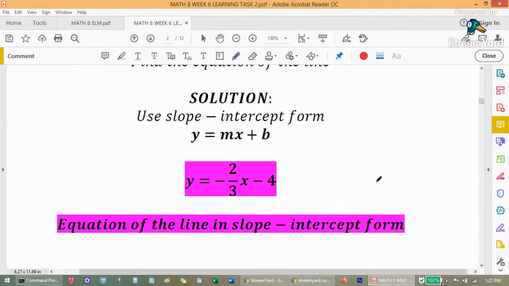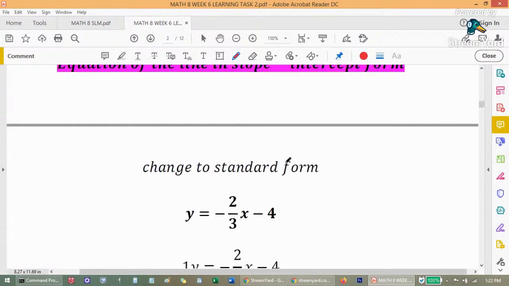Okay? So, dalawang klase ang form kasi natin eh. Ang isa nasa slope-intercept form, y equals mx plus b, at isang nasa standard form. Yung standard form, ax plus by equals to c.